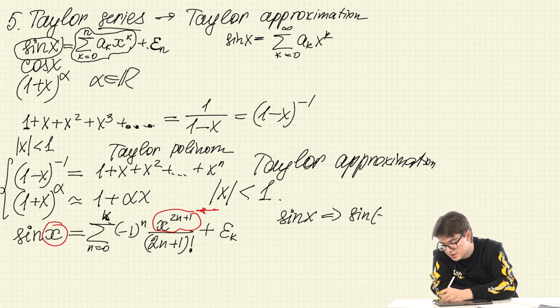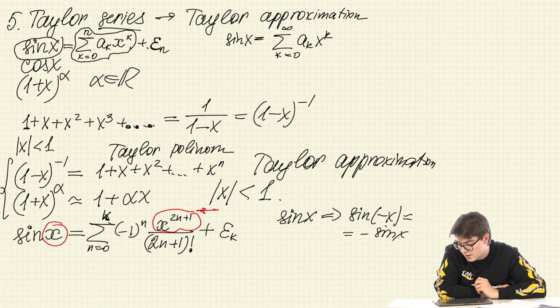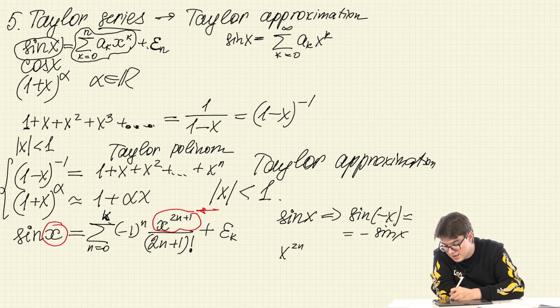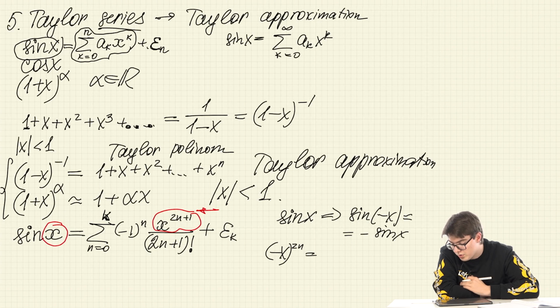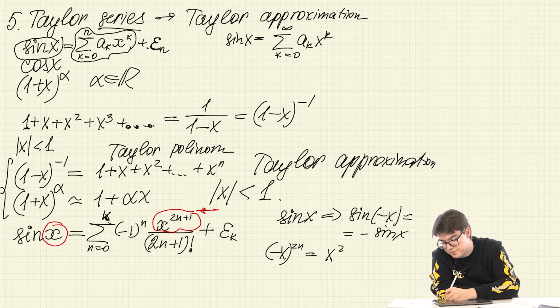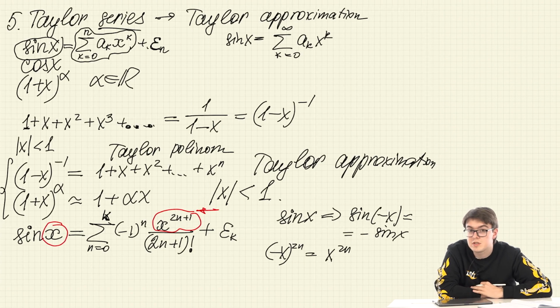If we apply sine to minus x, we obtain minus sine x. And we can't say the same for the even powers of x. So it means that the coefficients for these parts of the polynomial equal 0, and only odd ones remain.